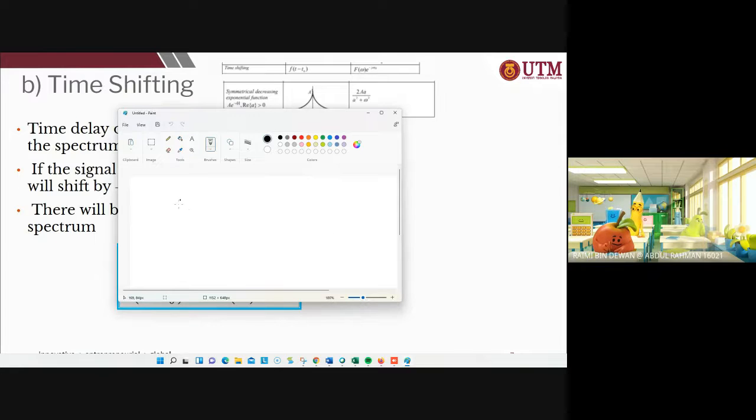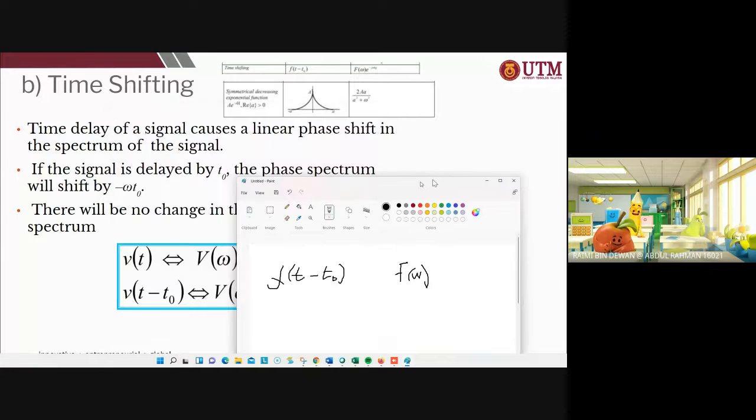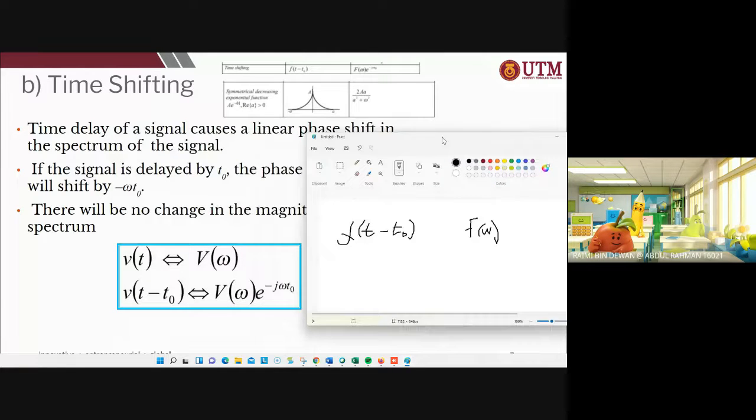So normally, let's say we have a signal f which is delayed by t naught. In the frequency domain, the same delay will be represented as e to the negative j omega t naught.